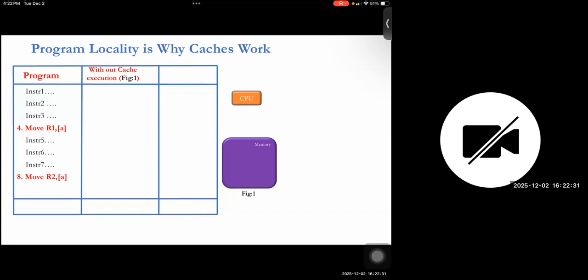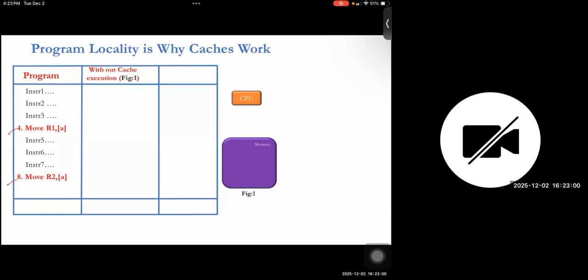In these 8 instructions, let us closely observe the instruction at location 4 and the instruction at location 8. This is a memory instruction that states: fetch the value A from the memory and load it into the R1 register.